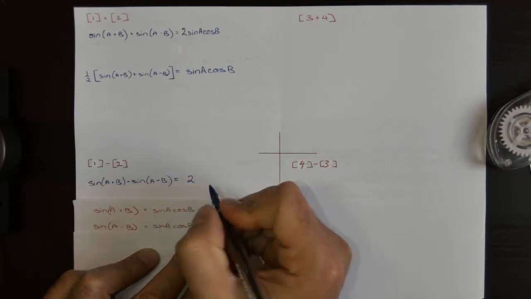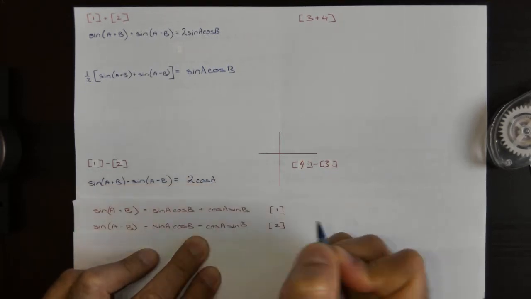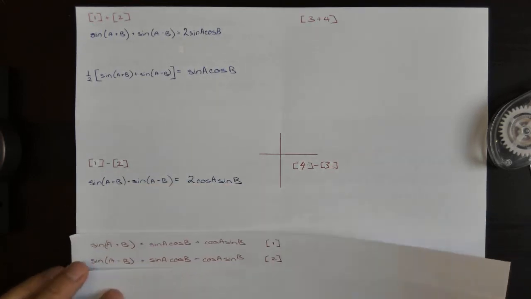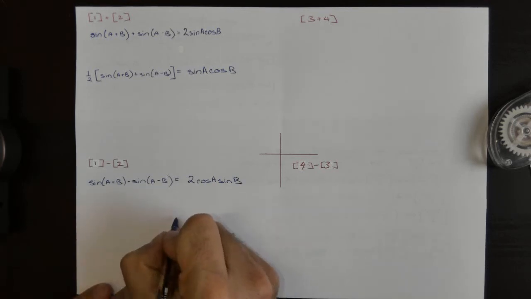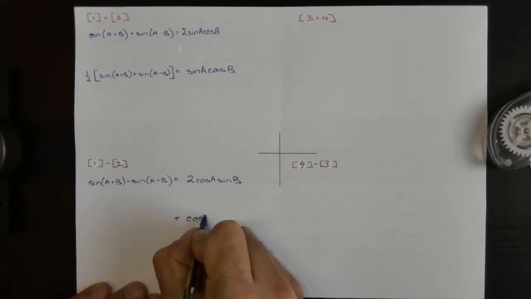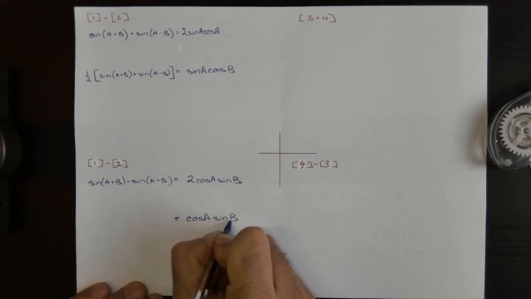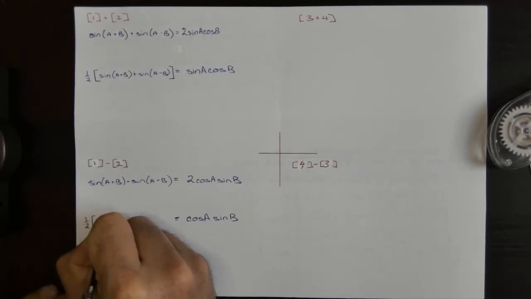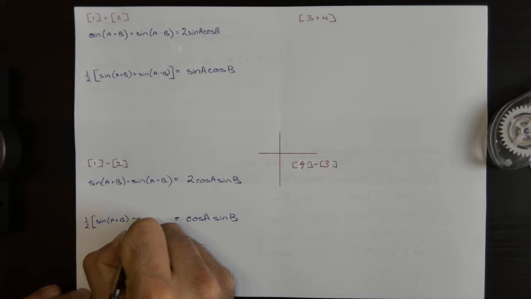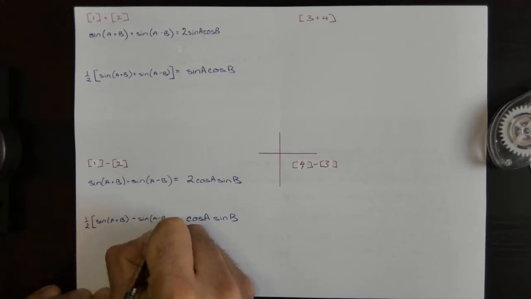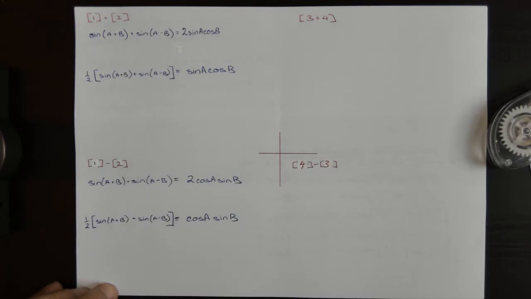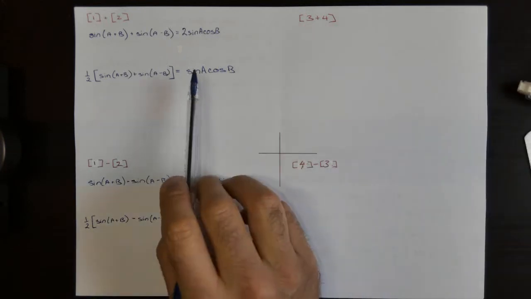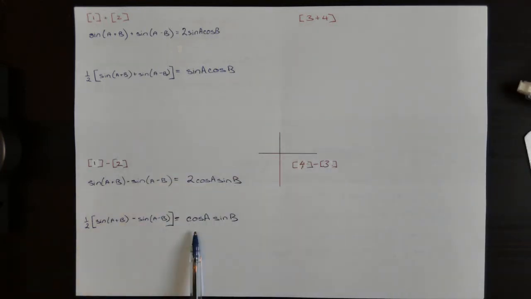It gives us 2 cos A sine B. Now if I divide that by 2, I get the product cos A sine B, which is a half of sine A plus B minus sine A minus B. Okay, so that's that proof. So we've got the product of sine A cos B and the product of cos A sine B.